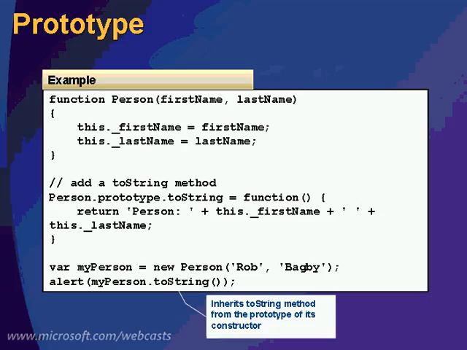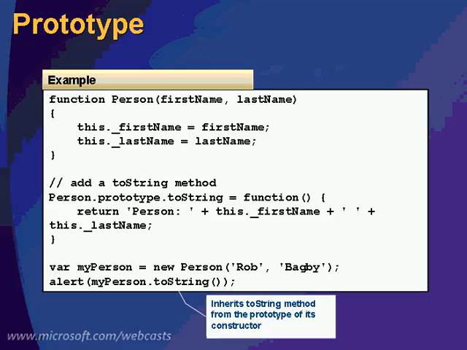Now down here, you'll see I'm actually adding a toString function to my person's prototype. So my person constructor function has a prototype, and you can reference it by that prototype property right here. So person.prototype, and all I'm doing here is adding this toString method to my person prototype.